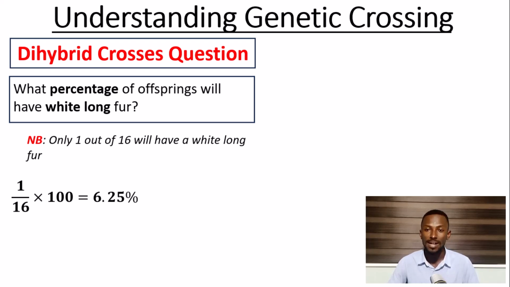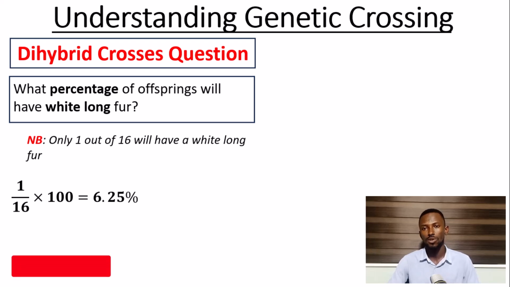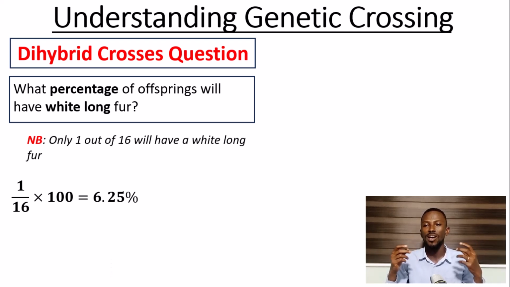Maybe the partners involved, their sickle cell status. So if you know their genotype for the sickle cell status, then based on that, you can do your own calculation and tell the percentage or the probability of them having a sickler as a child. So this is how amazing and interesting genetic crossing can be.